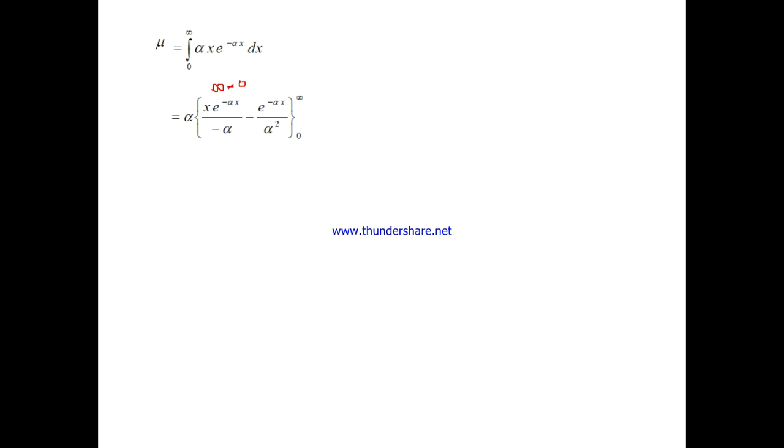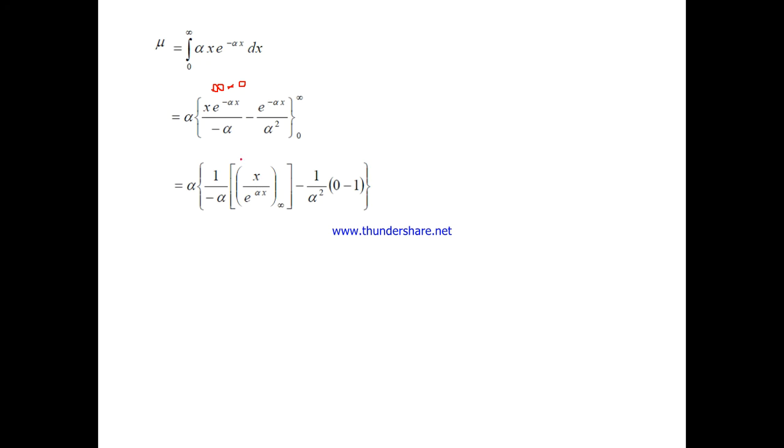Reduce it to 0 by 0 form or infinity by infinity form and apply L'Hospital's rule. So to reduce it to that form, let us shift e power minus alpha x to the denominator over here. And let us apply the limit to the second term. E power minus infinity is 0, minus e power 0 is 1. So this is what we are going to have.